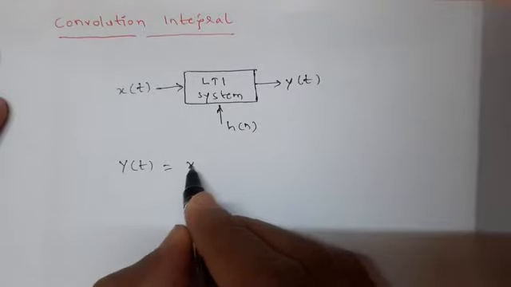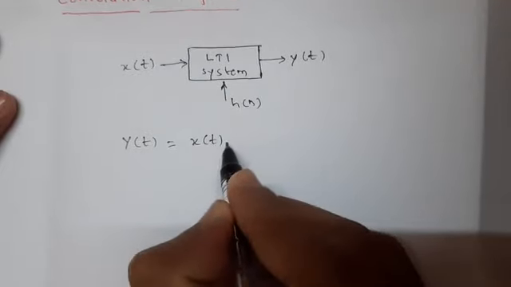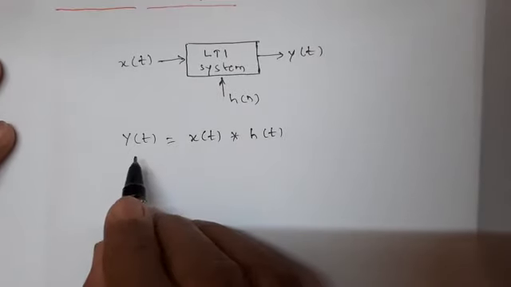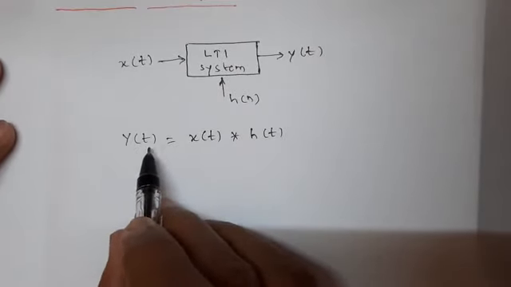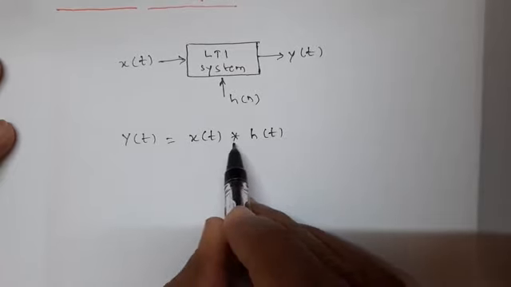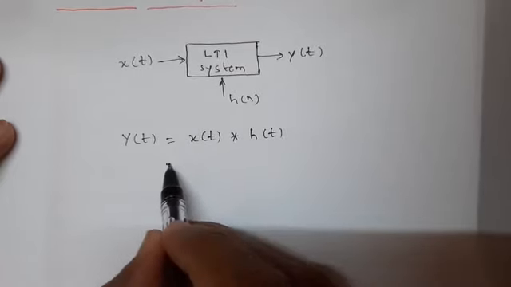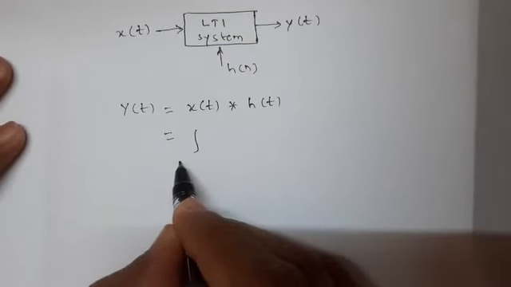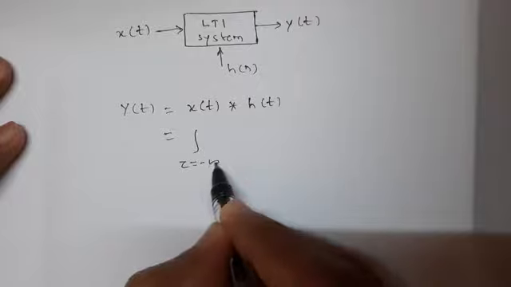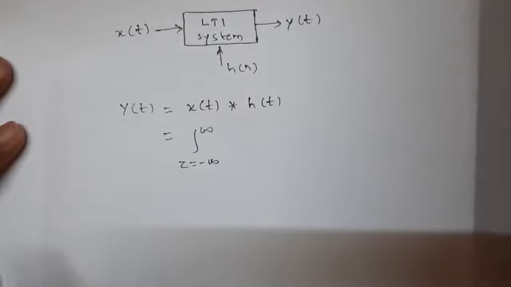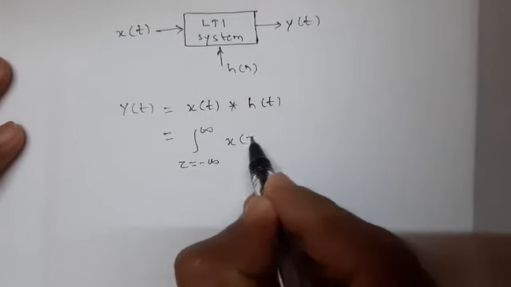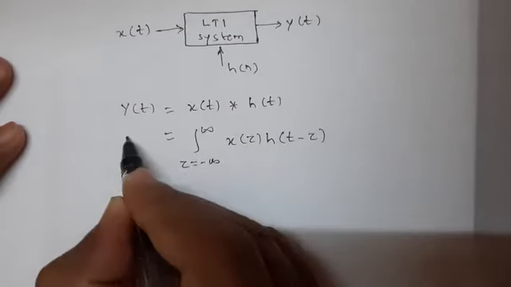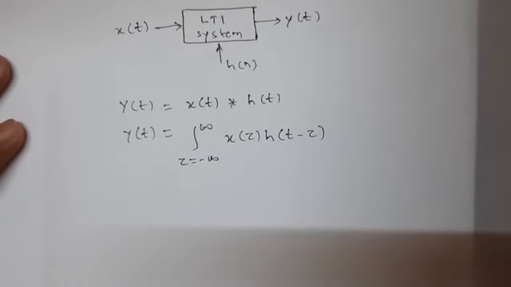So y of t is x of t convolution with h of t, wherein we wrote in discrete time systems as y of n is equal to x of n convolution with h of n. This integral can now be written as integration of tau equal to minus infinity to plus infinity, x of tau h of t minus tau, which is y of t.